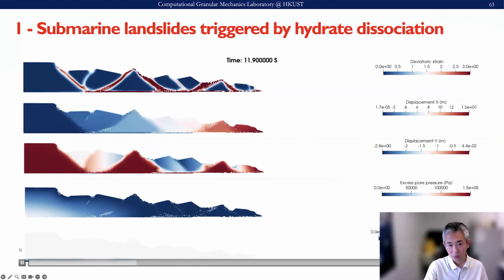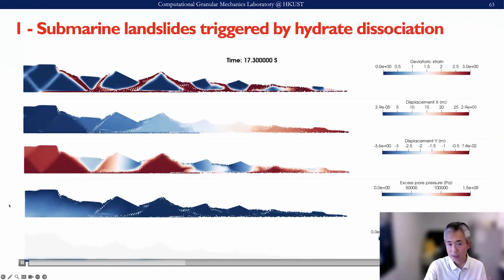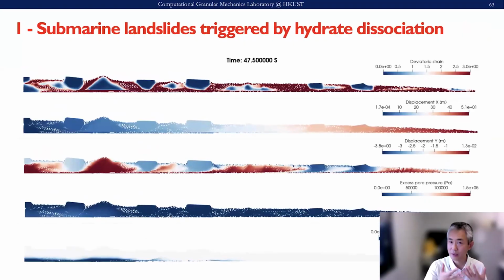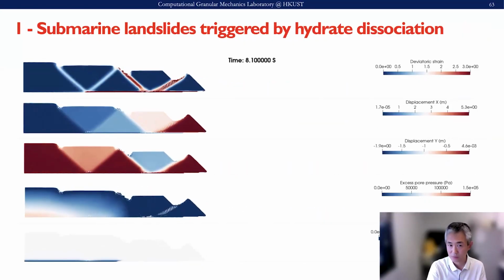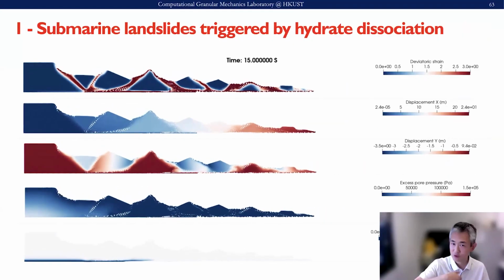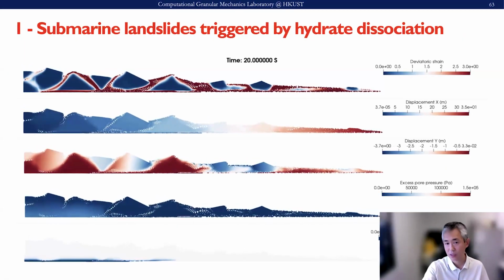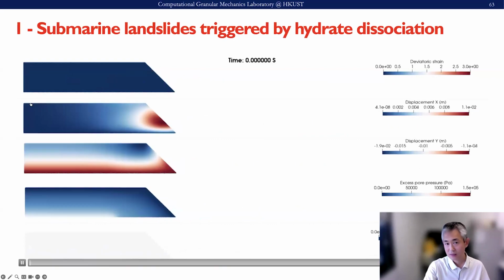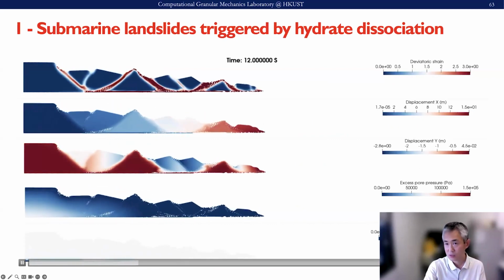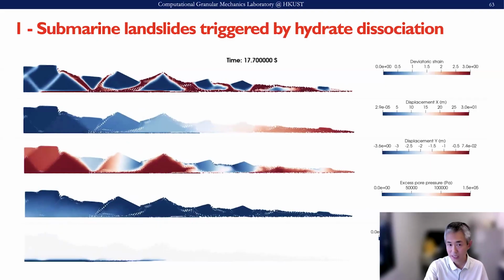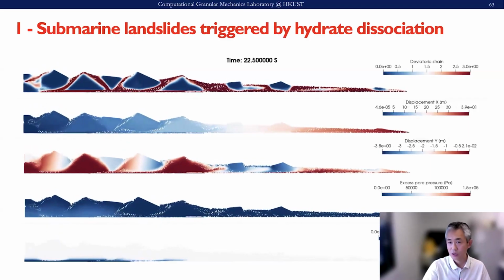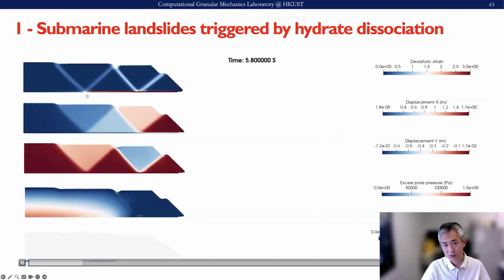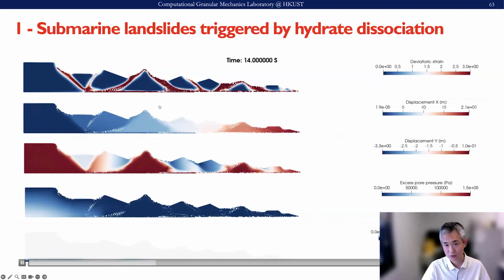When the sediment is heated at the bottom, the methane hydrate will be dissociated, and we release the gas and let that part be removed from the simulation. When the dissociation of the methane hydrate in the sediment occurs, the strength is lost, and this generates the collapse.